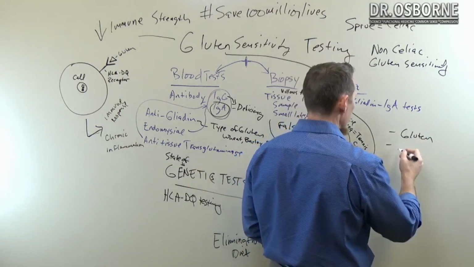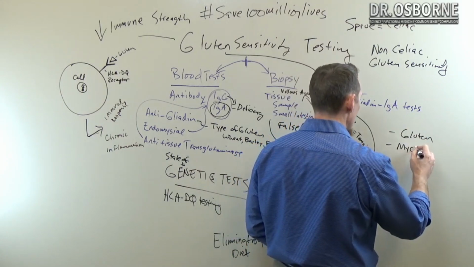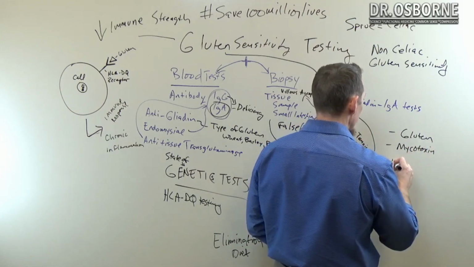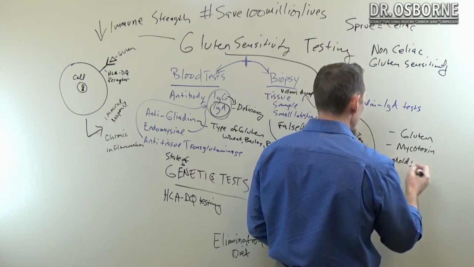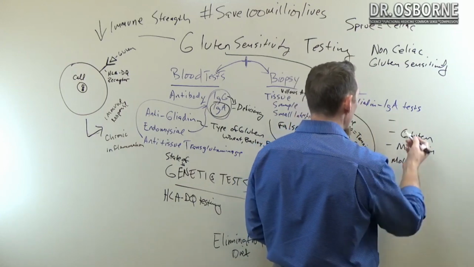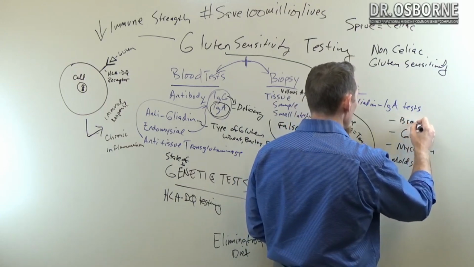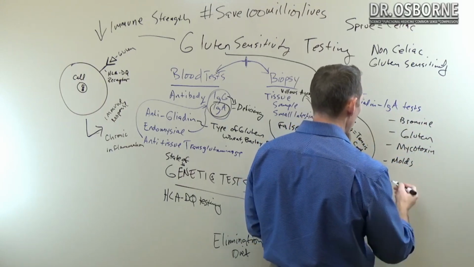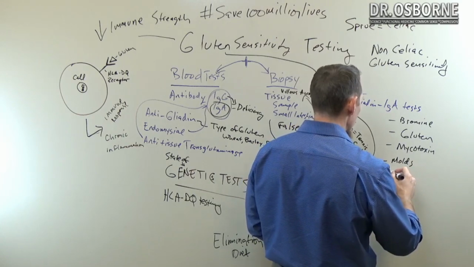One of the reasons, though, because grain is oftentimes contaminated with mycotoxin, which is mold poison, mold toxins. Grains can also be contaminated with molds, and many people are allergic to molds. Processed breads oftentimes contain bromine, which is a dough conditioner that some people react to. We also have other substances that grain is processed with.